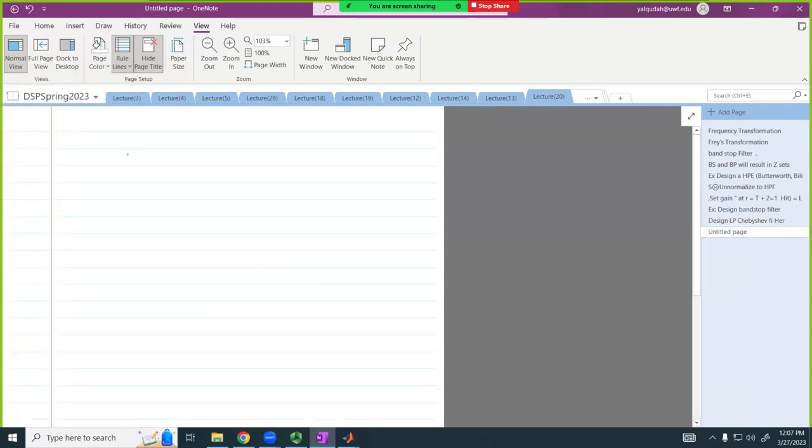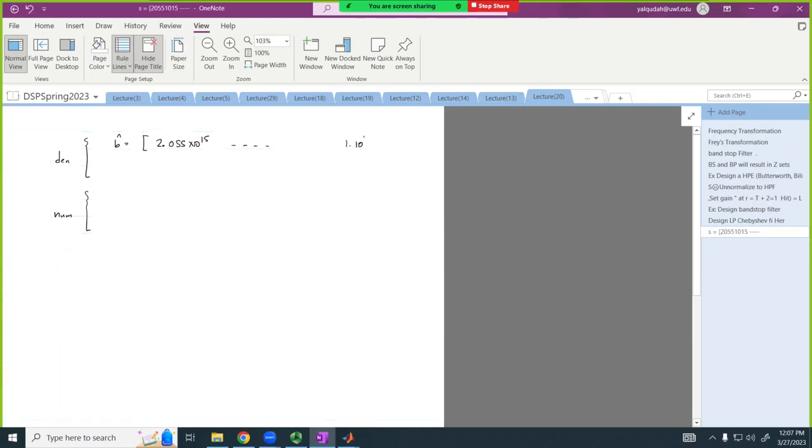Okay. So then for the denominator, we're going to calculate B hat, which is going to equal 2.055 times 10 to the 15, 1.103, 1.0103 times 10,000 to the 4.